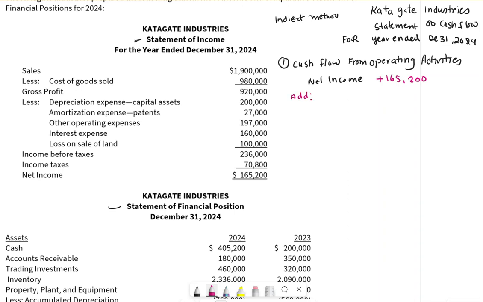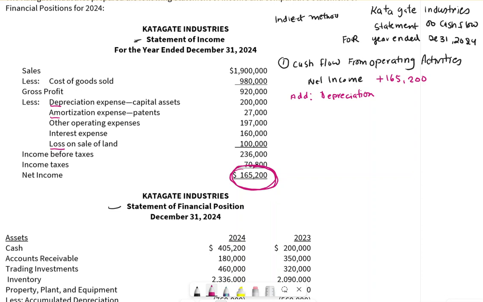And then what we do is we add all the non-cash items. Depreciation is a non-cash item, amortization is a non-cash item, loss or a gain on a sale of an asset is also a non-cash item. When you have a depreciation expense, you add it back, because net income is on an accrual basis, and we need to convert that into cash.